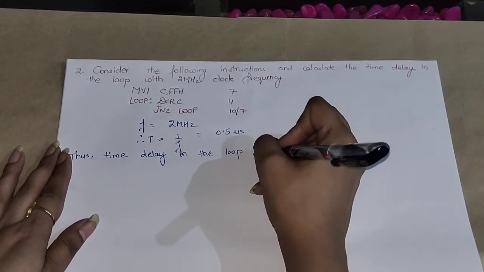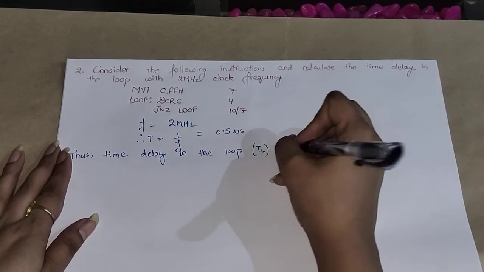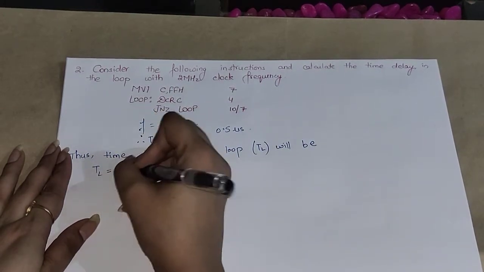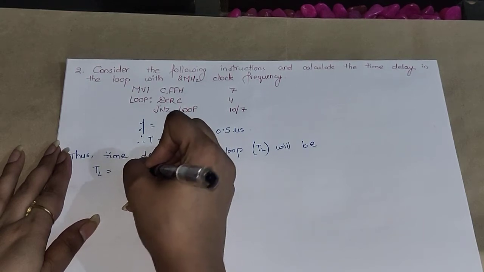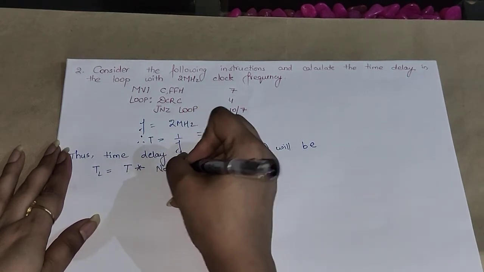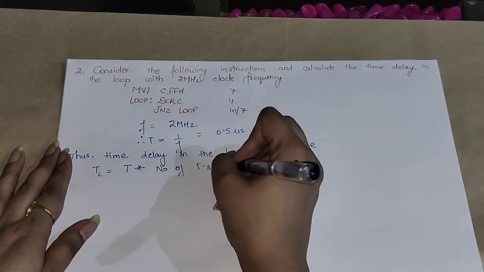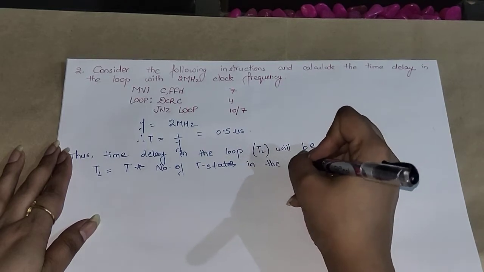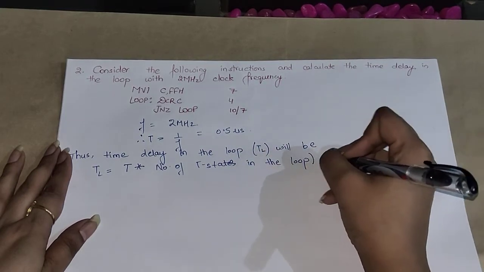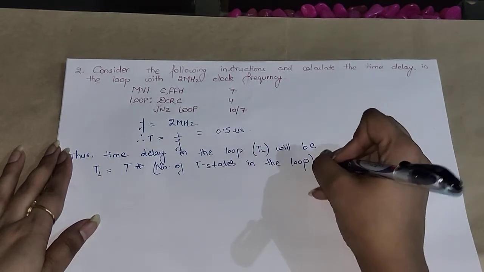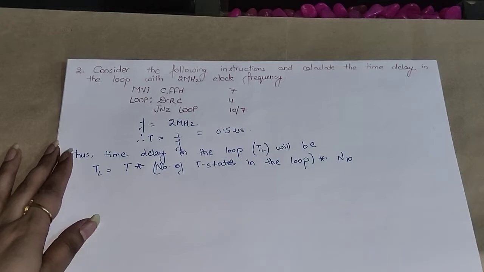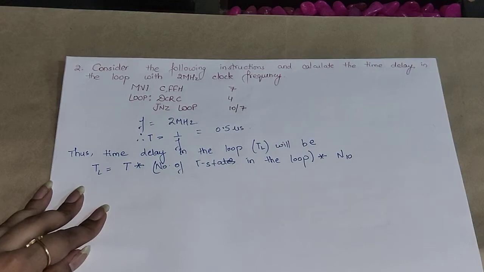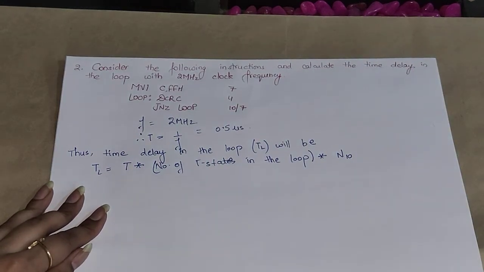that is TL. TL, the time delay in the loop, will be TL equals T, the clock period, multiplied by the number of T states in the loop, multiplied by N10. Here T is the clock period, meaning 0.5 microseconds.